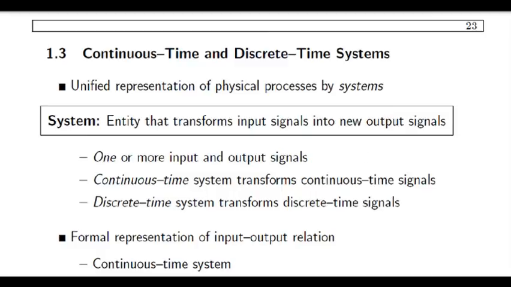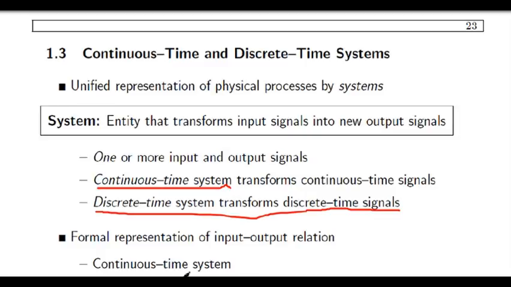There can be more than one input and output signal for a single system. A continuous time system will take a continuous time signal as its input and will produce a continuous time signal as its output only, and a discrete time system will take a discrete time signal as an input and will produce a discrete time signal as an output only.